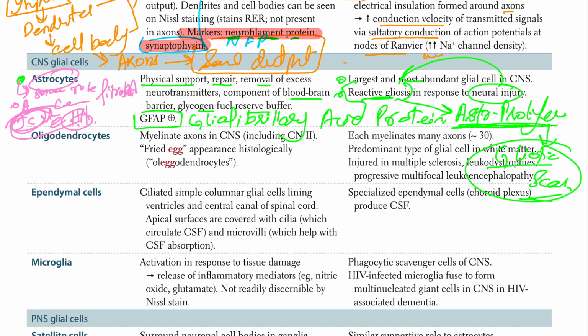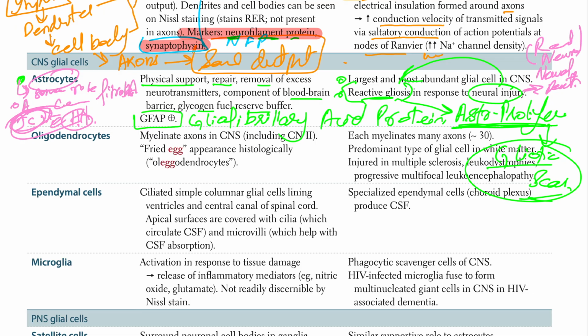And one last thing here, if the neuronal injury is to a level that you can't fix, or if neuronal injury leads to neuronal death, the fancy, nice word for that is red neuron.